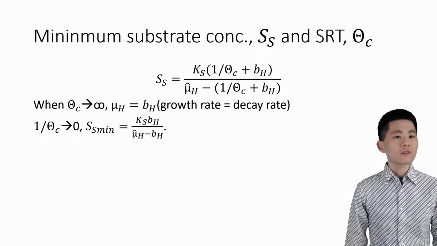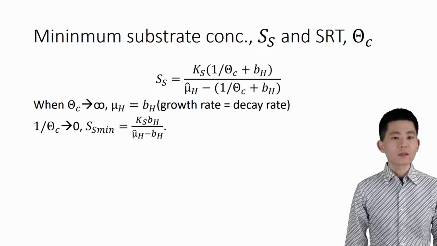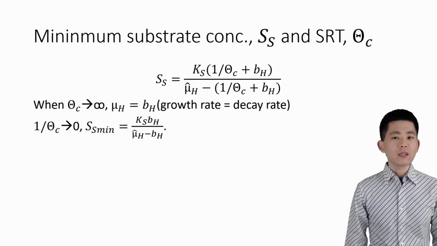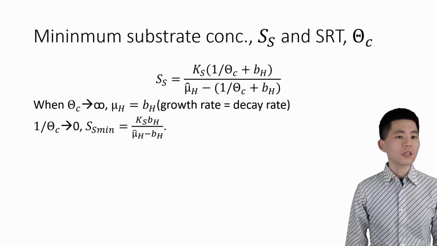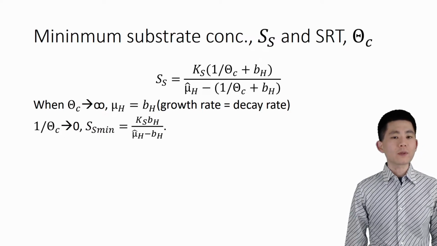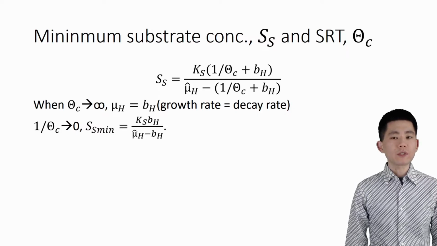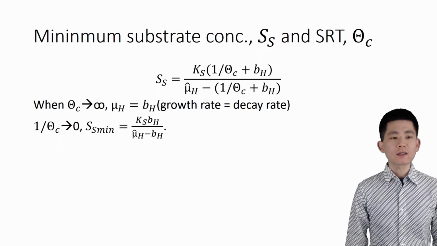When we have infinitely long SRT, all biomass is retained in the reactor. There's no biomass wastage, only decay. Then the specific growth rate equals the specific decay rate at steady state, and the effluent substrate concentration is the lowest possible value that can be achieved with this reactor configuration.